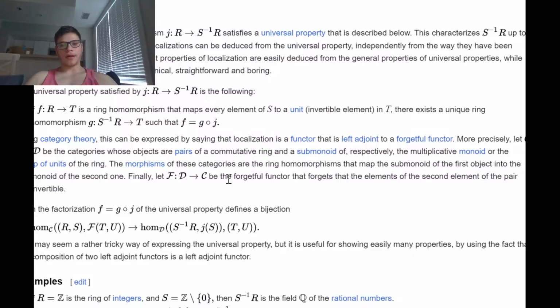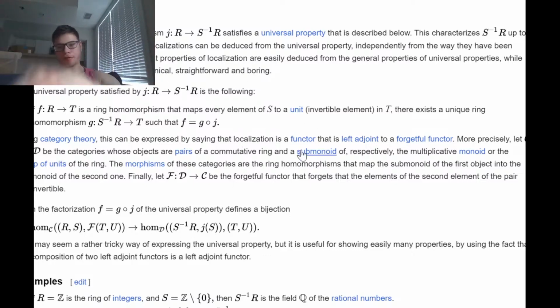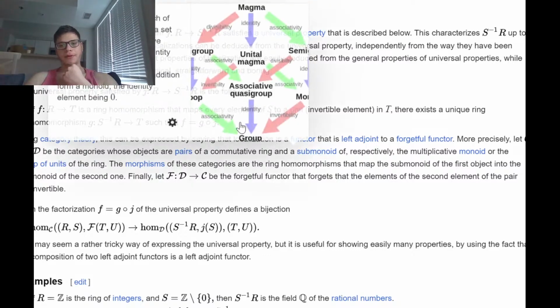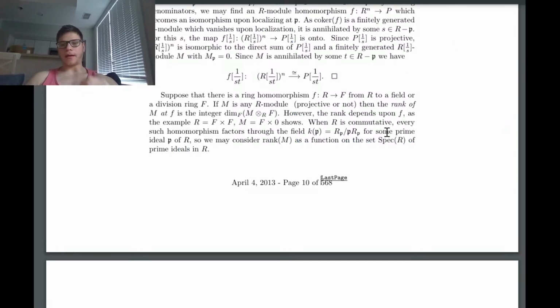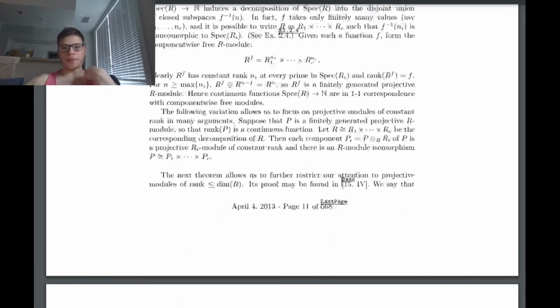So in particular, if you take the first isomorphism theorem thing, then every element in the quotient gets mapped to a unit. So there is a map from the, how do you call it, from the localization. So that's how we get this factoring through thing.